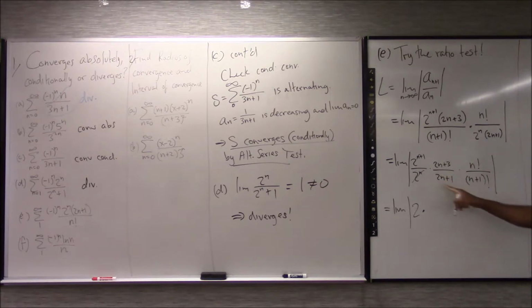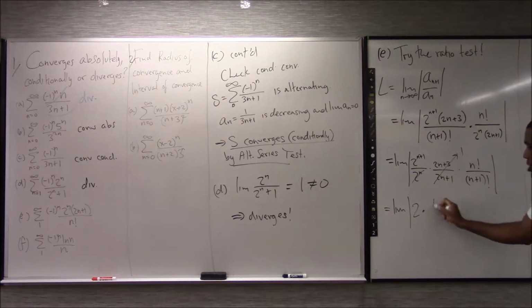What can you tell me about this one? It's going to go to 1, because the top and bottom powers are the same, so I can essentially replace that with a 1. And this one? It's n plus 1. This is n factorial over n plus 1 times n factorial, so that cancels.